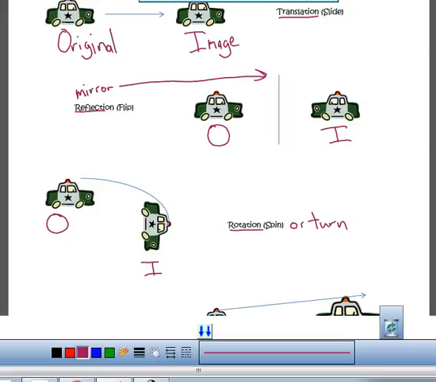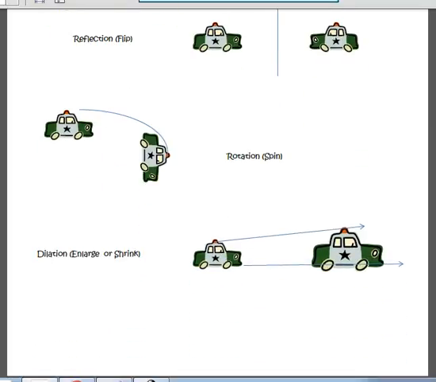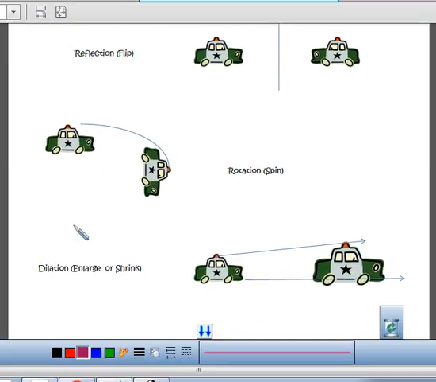And then the last type of transformation that we're going to look at is called a dilation. And some of you might say, hey, well, my eyes dilate. And we'll talk about this in math class, what it means to dilate and why and how your eyes dilate. Essentially, they enlarge or shrink the original.